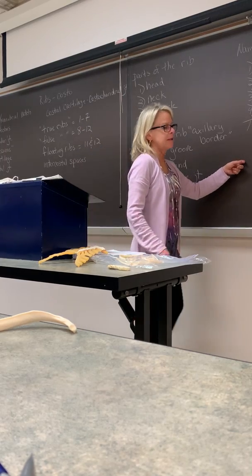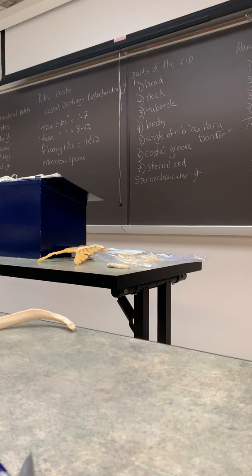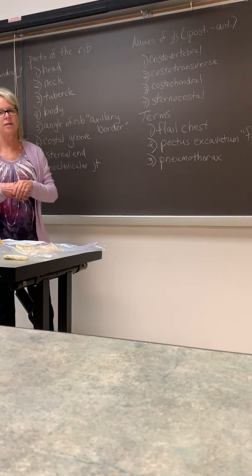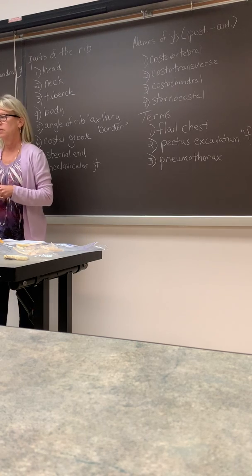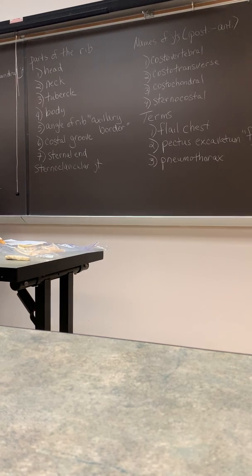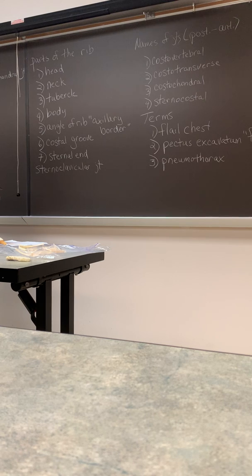Okay, the second term is something called pectus excavatum. That's also known as funnel breast or funnel chest. It's also known as bird's nest chest. You've seen it? My friend had it.